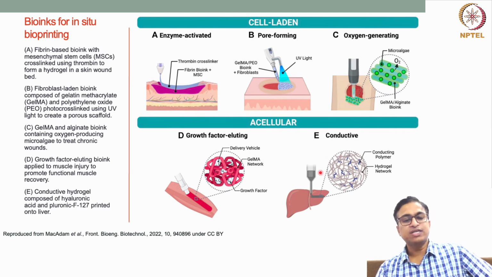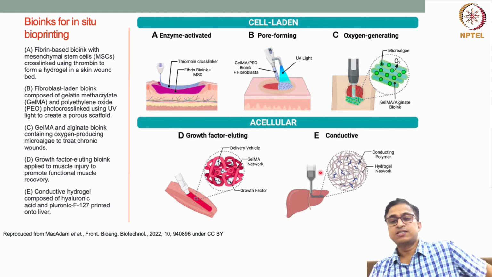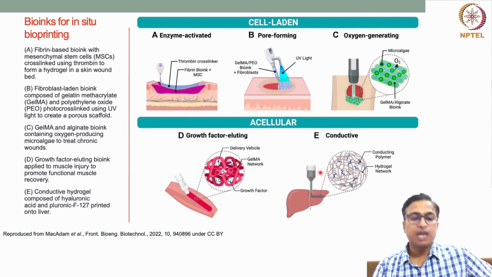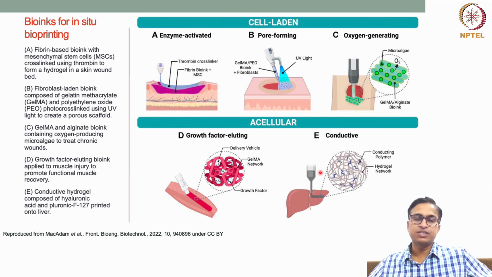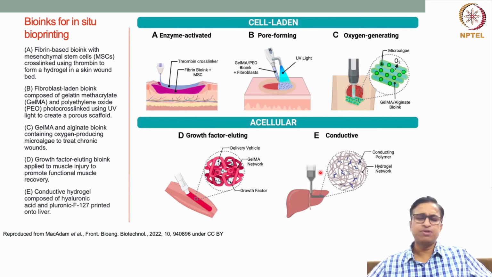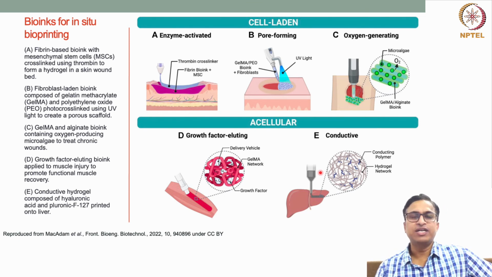The next thing is conductive bioink. Like in this case, hyaluronic acid and Pluronic F127 are incorporated, and these two are used as a bioink for bioprinting. In this case they have printed in the liver. This kind of conductive polymer helps in better tissue regeneration. This can be employed for other types, like cardiac tissue and nerve tissue also.